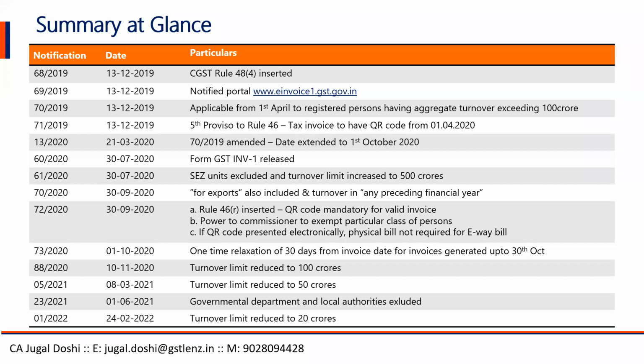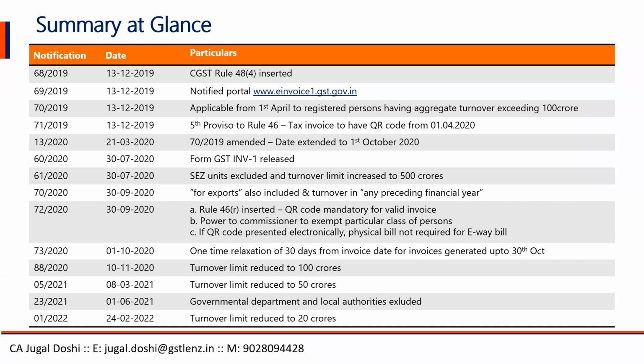Notification 70 said that for registered persons whose aggregate turnover exceeds 100 crores, e-invoicing would be applicable from 1st April 2020. And notification 71 inserted Rule 46, which said that tax invoice should have a QR code from 1st April 2020. So these were the original 4 notifications.